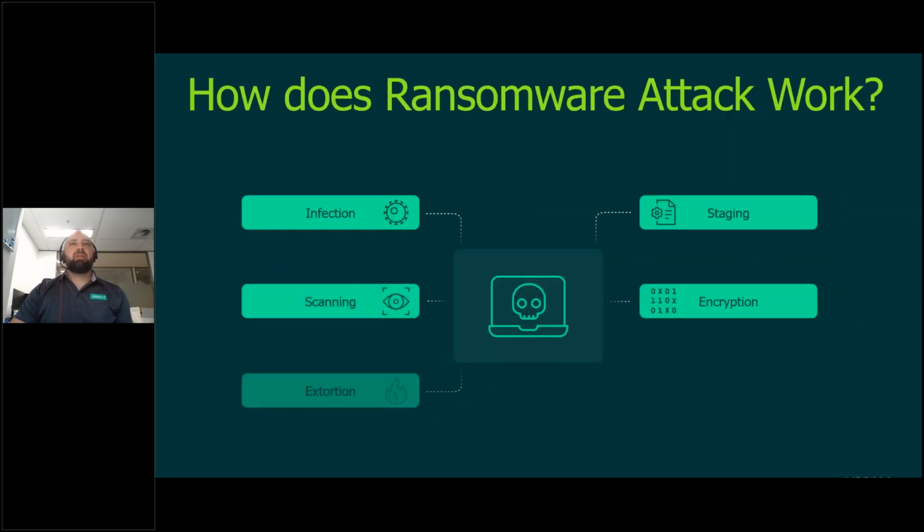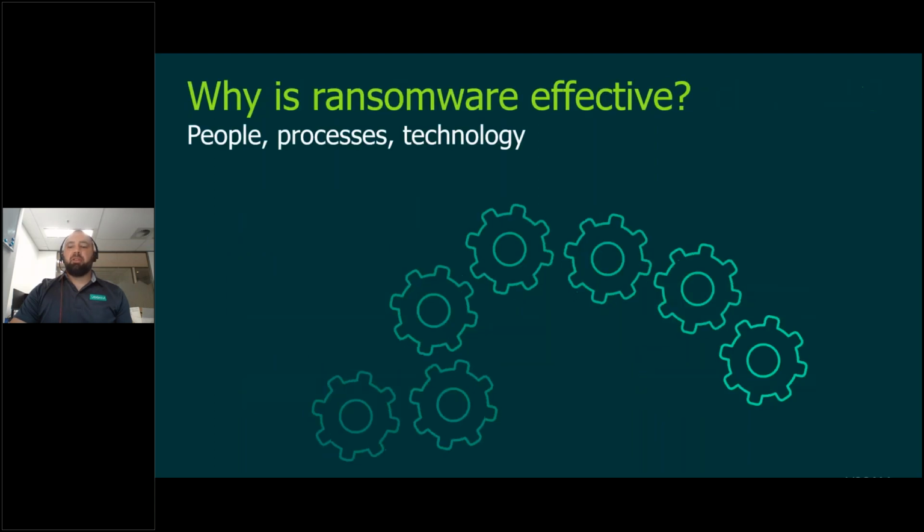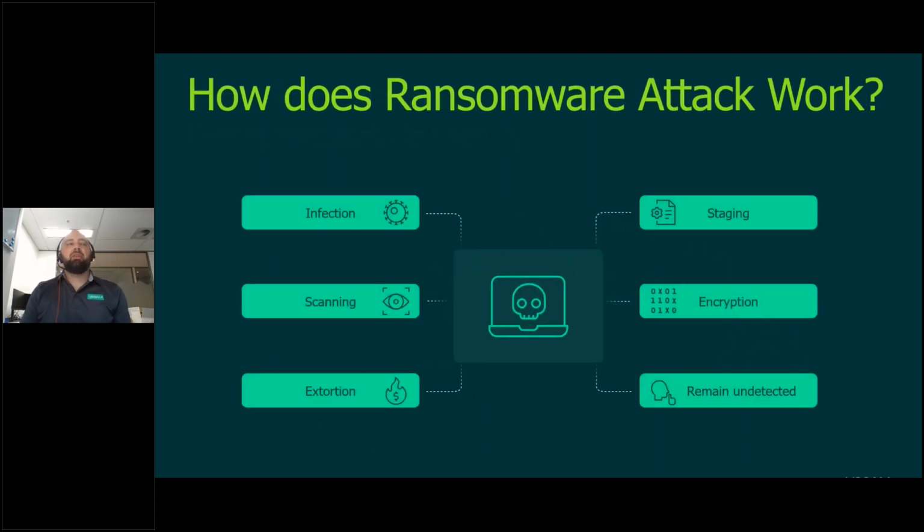I'm not going to boil the ocean, but here is a little bit of how ransomware attacks work. There's an infection stage. There's some sort of exploit that the attackers will use, such as a zero-day exploit or going through boot devices. There's some way that they'll exploit the system and infect your environment.